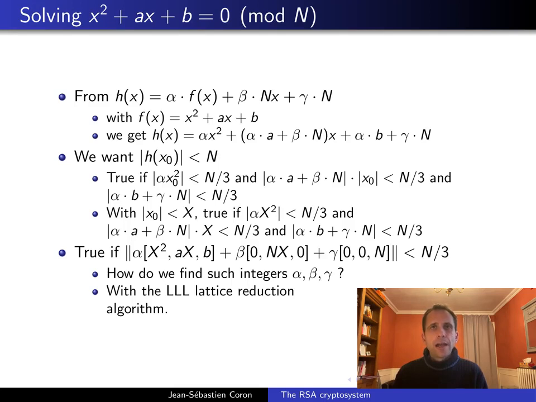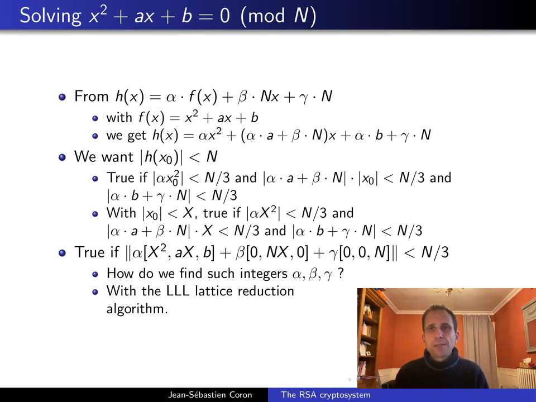And actually, we know that x0 is strictly less than capital X. So this is going to be true if we have the same inequalities with big X. So if alpha times big X squared is less than n over 3, if (alpha a plus beta n) times big X is less than n over 3, and for the last one, if alpha b plus gamma n is less than n over 3.